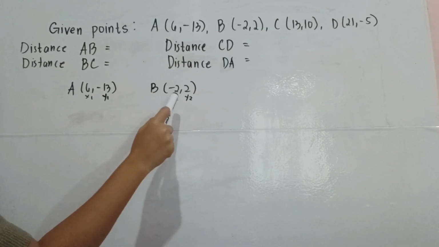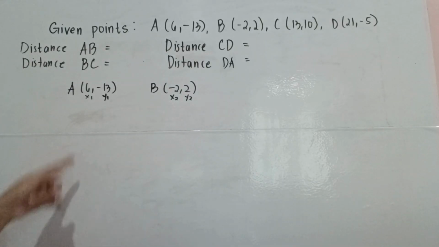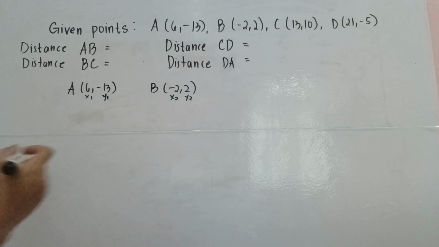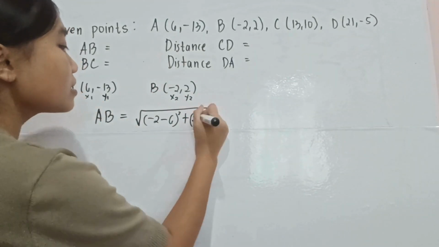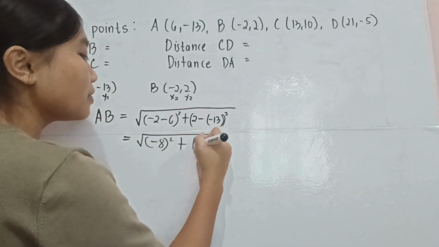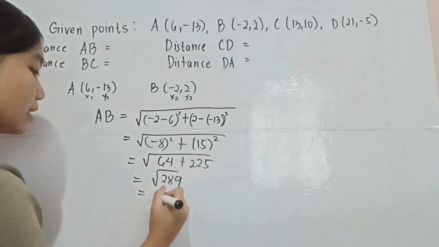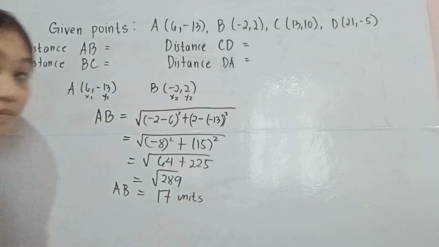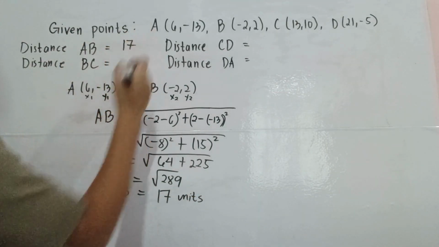For point B, its x value will be x sub 2 and its y value will be y sub 2. Let us substitute these values into our formula. Therefore, the distance between A and B is 17.